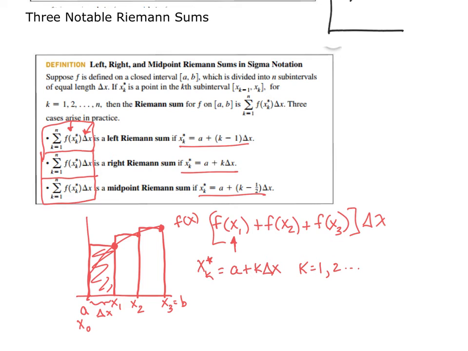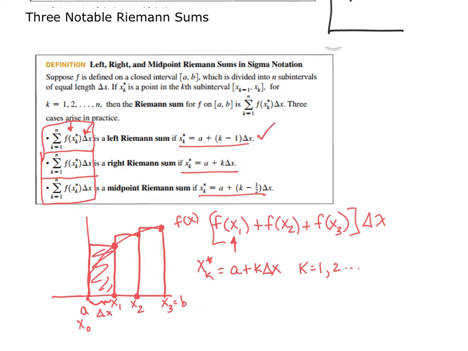So if k starts at 1, a, in this case, is 0. Well, actually, we never said that a was 0. So whatever a is, our first grid point is going to be a delta x away from that. And then our second grid point is going to be 2 delta x's away from that, and so on.